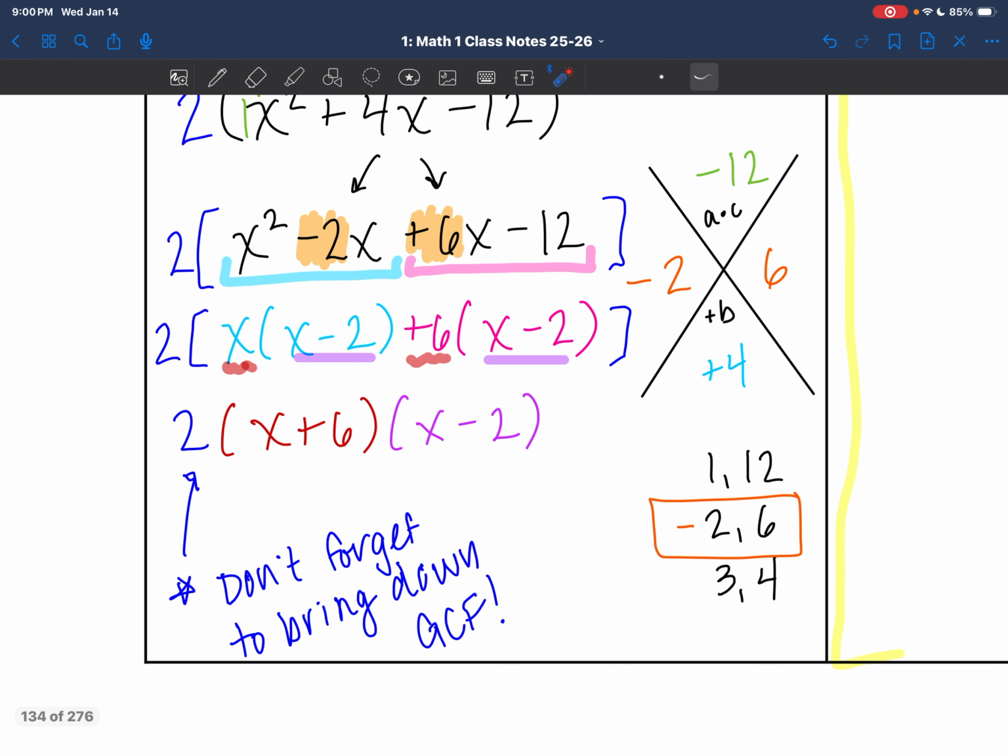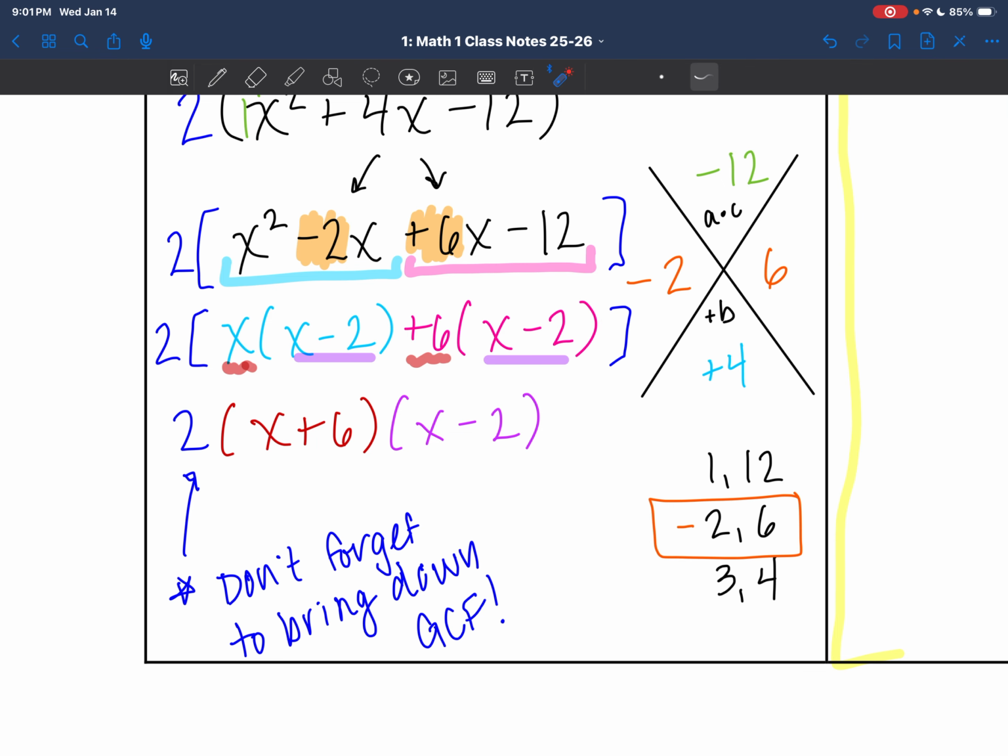All right, so we're ignoring our GCF right now, and we're just going to group. So in this case, it would be x, and when you divide each part by x, you're left with x minus 2. And then now we're going to group this, and the GCF would be 6. And then you divide that, you're going to have x minus 2.